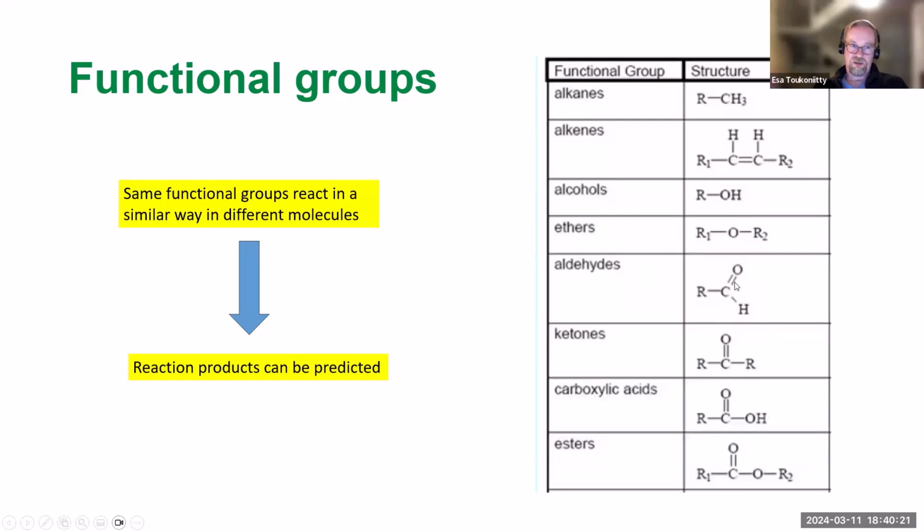Aldehyde has it at the end of the chain, and ketone has it in the middle of the chain. Then carboxylic acids can be found, for example, in the fatty acids. So there is this carbon oxygen OH. This whole unit is called carboxylic acid functional group.